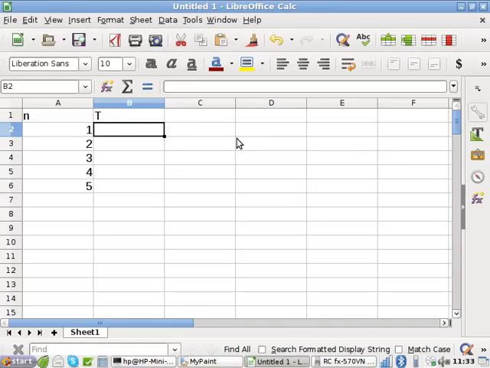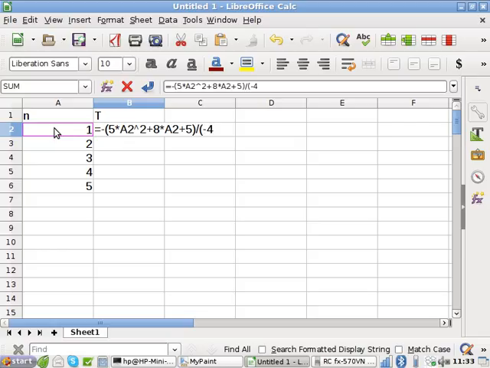So the formula is minus 5n squared plus 8n plus 5 over minus 4n squared plus 2n. My first answer I get is 9.